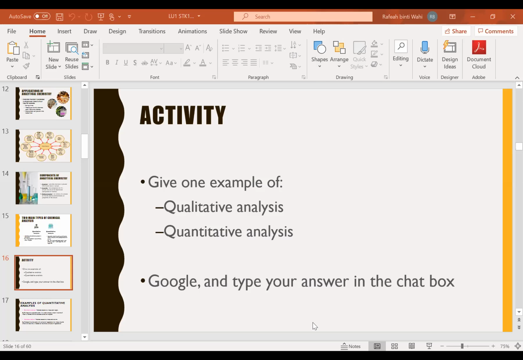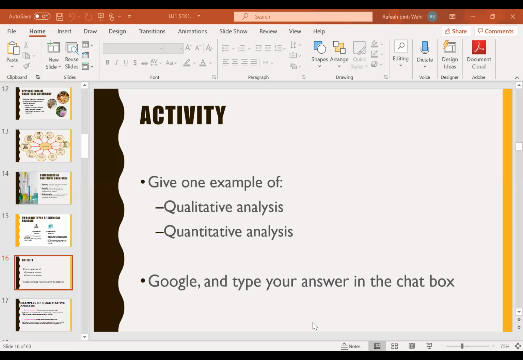Let's say you have a diabetic patient. Okay, diabetic patient, or we call it kencing manis. So when you have diabetic patients, there are two types of tests that can be done to them. Okay, the first one is they do urine test. When they do urine test, the aim of the urine test is to identify whether the urine sample has glucose content.